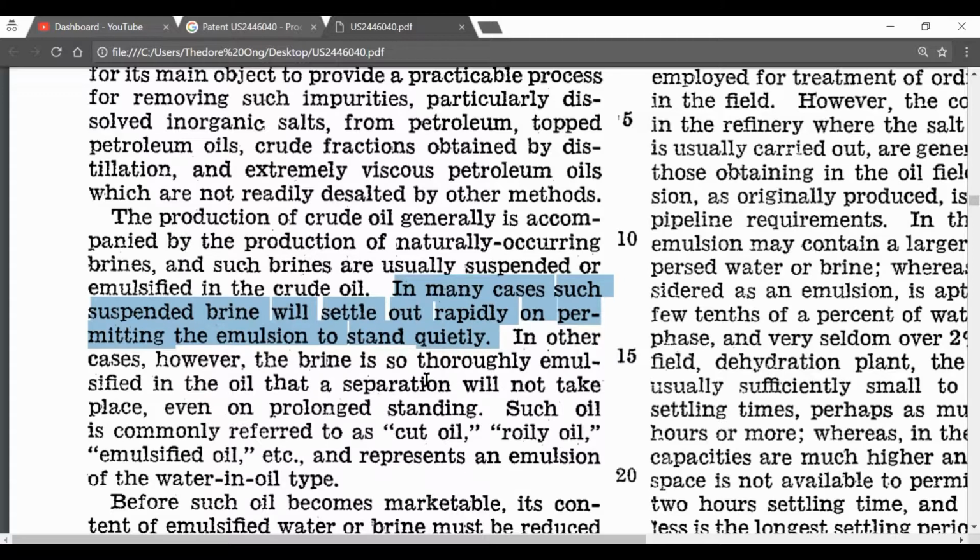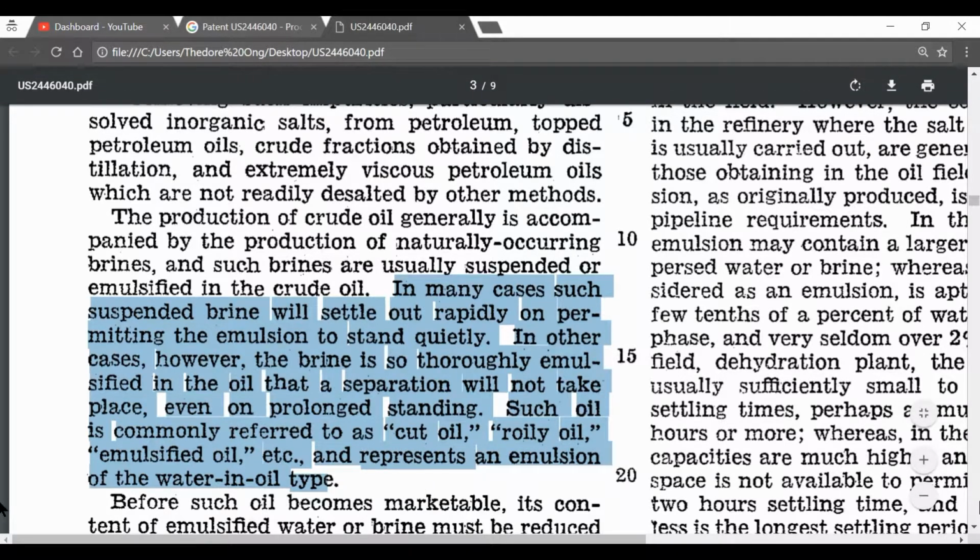Okay, this sentence says the emulsion will come out. Let me just summarize these two sentences highlighted in blue. Basically what it's saying is that usually the salt water and oil will separate out, but at other times they will continue to mix in what is known as an emulsion.